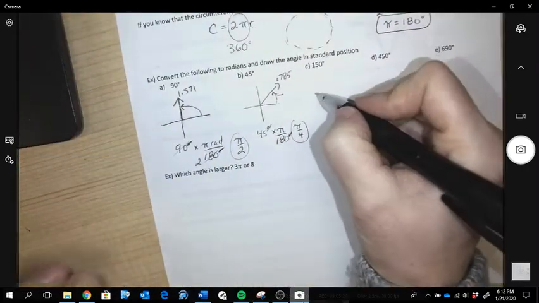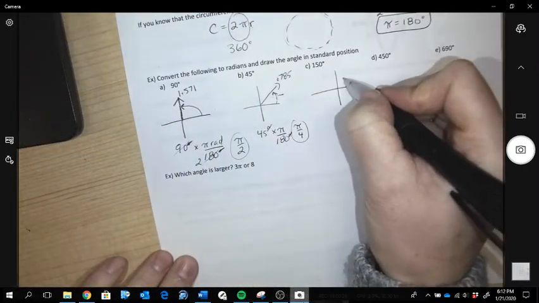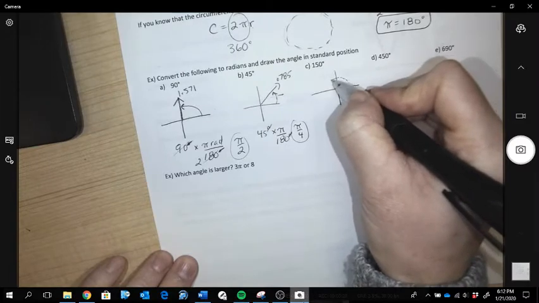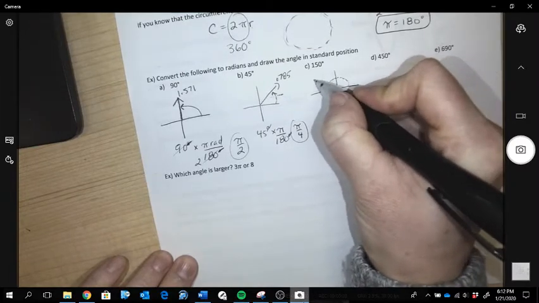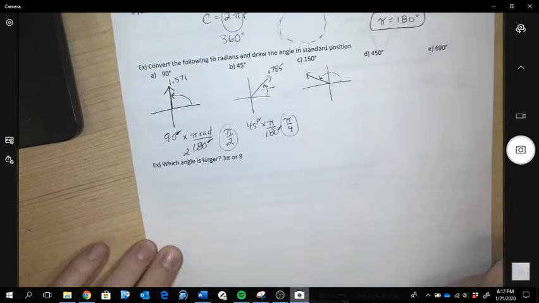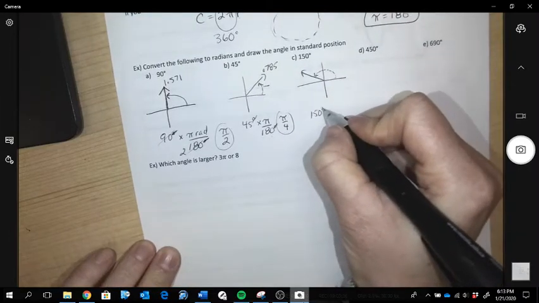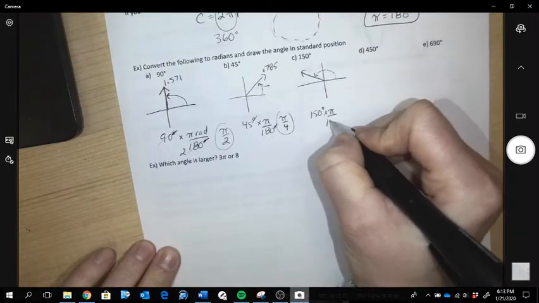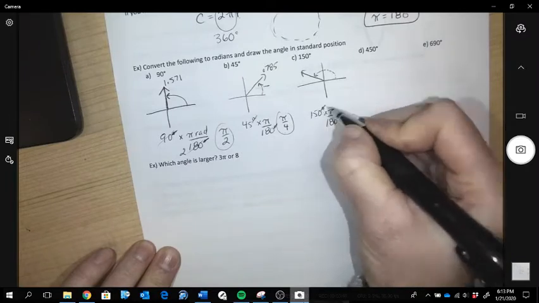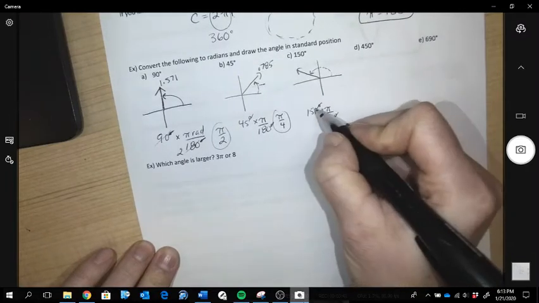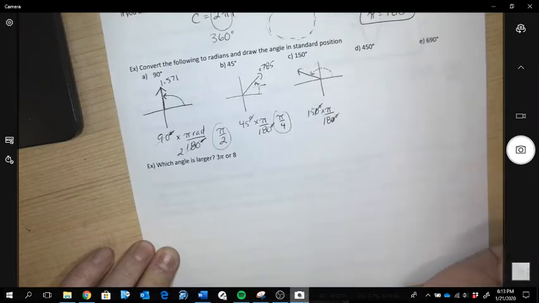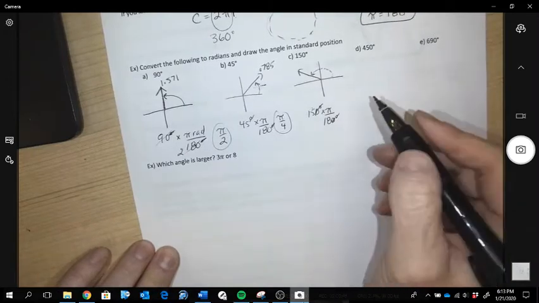Okay, 150 degrees. So 90, and so we land right there. So 150 degrees times pi divided by 180 degrees. The degrees cancel. The 0 divided by 10, and if you want, you can reduce.